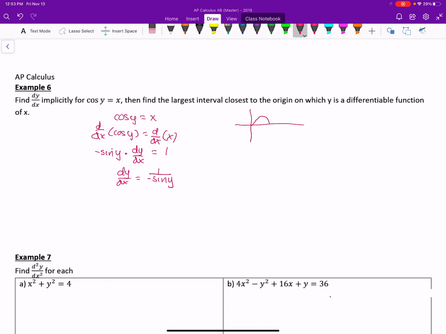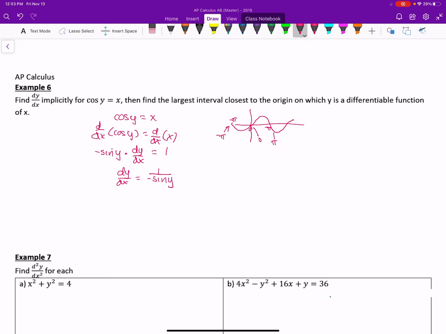But just an interesting insight here. Our sine function looks like this, and the same on this side, negative pi. So for it to be differentiable at a value, you can't have something that's undefined. So you've got to look at where sine of y would be equal to 0. Well, that would be happening at 0 and at pi and at negative pi.